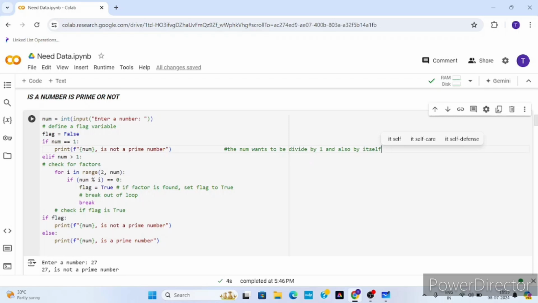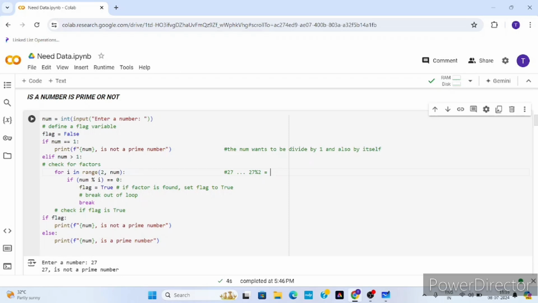For example, let's take 27. For 27, let's take 2, because the first iteration will be 2. 27 mod 2 will give an output of, sorry, it will be 1.